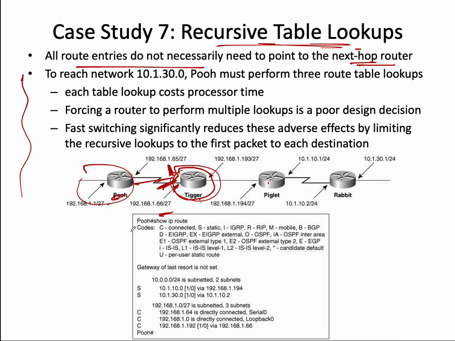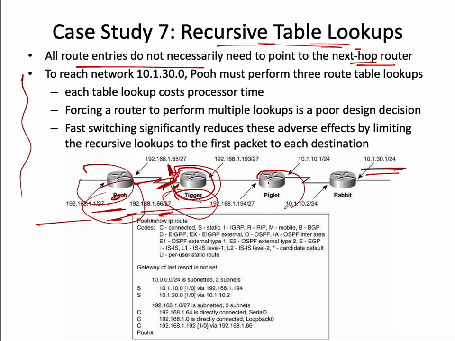So the key point here: the router doesn't have a direct route to the final destination, so it looks up the next hop. So this router doesn't have, let's say, 10.1.30.1. A packet came and said, hey, my destination address is 10.1.30.1, and this one doesn't have it in the routing table, right? So this router can take a look at the neighbor's routing table. That's called recursive table lookups. And if the next hop is also not directly reachable, it performs another lookup to find a path.